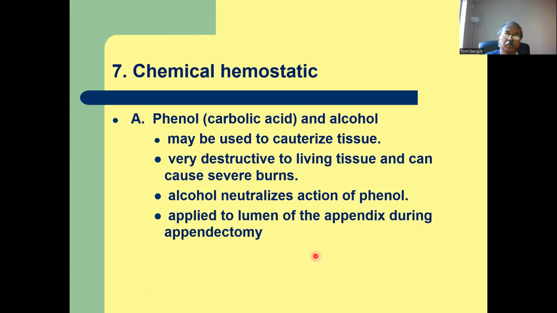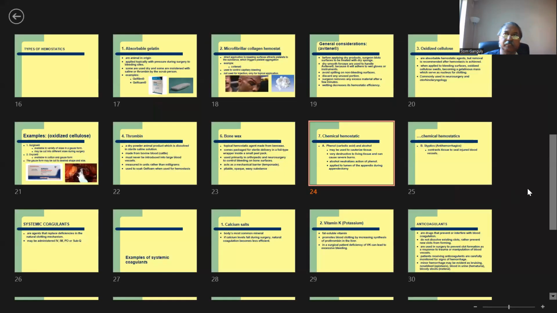Some older surgeons still have this old-school technique of using a little bit of phenol, carbolic acid and alcohol when they are doing an appendectomy procedure. But we don't see them very frequently in surgery anymore.